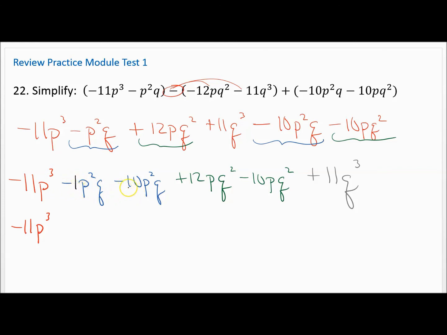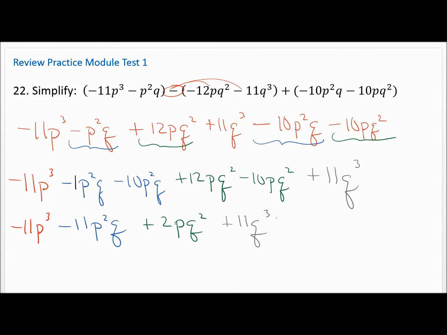So a negative 1 added to a negative 10 is a negative 11p squared q. And then when I move on to the pq squares, I've got 12 plus a negative 10 is going to be plus 2pq squared. And then at the very end of that line, I have plus 11q to the third.